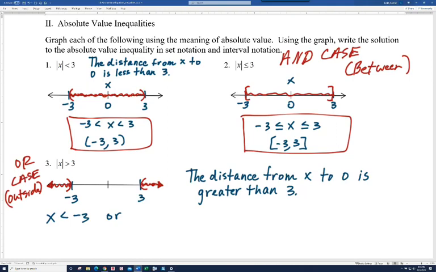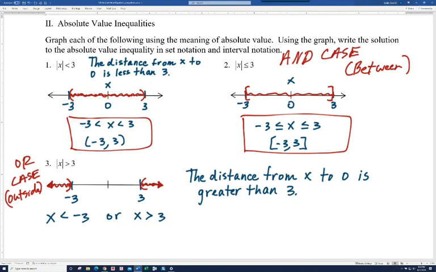And so on the right we have x is greater than 3. Again, the reason why we use the word OR is because you can't have a number that's less than -3 and at the same time also greater than 3. You're basically over here or you're over here, but you can't be both. All right, so this is the OR case where we have everything outside two numbers.